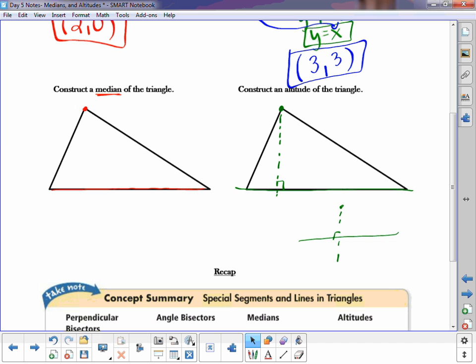So go ahead and grab compasses. They're drawn it. Alright, so let's go ahead and start off with our median.